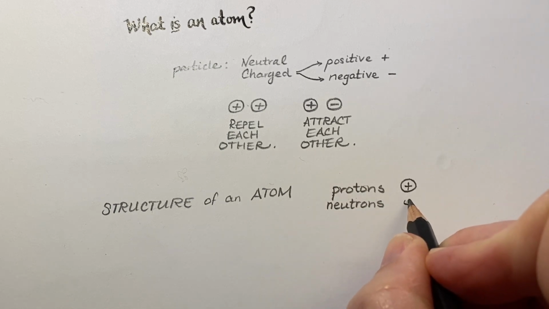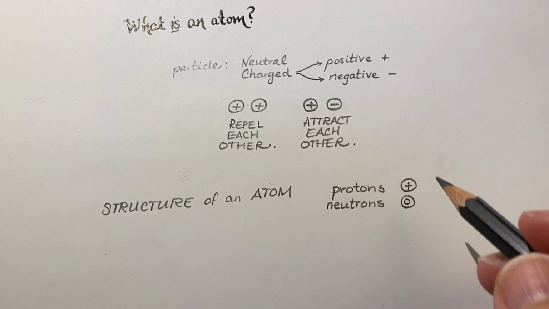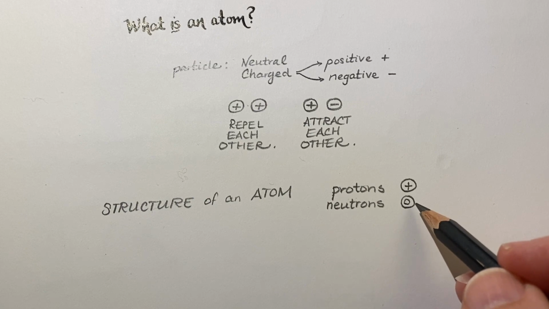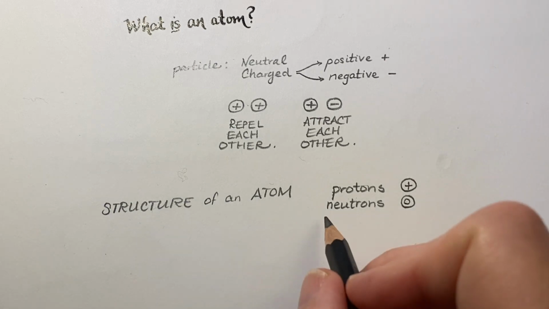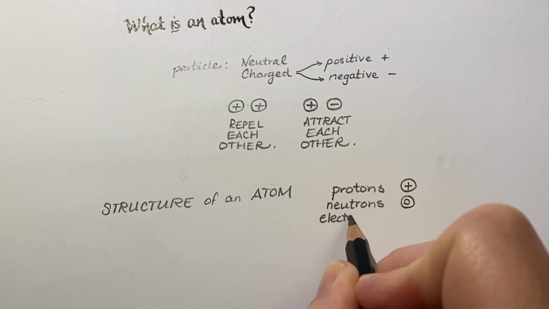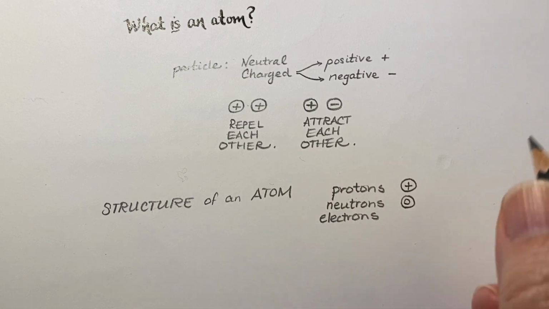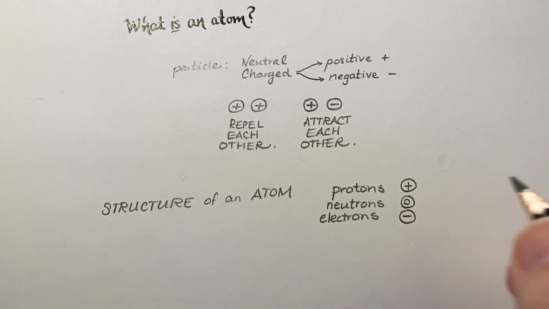These are neutral, so I'm going to put like a 0 in there. So they are not attracting anything or repelling anything to any significant degree. Okay. Then we also have electrons. These are negatively charged.